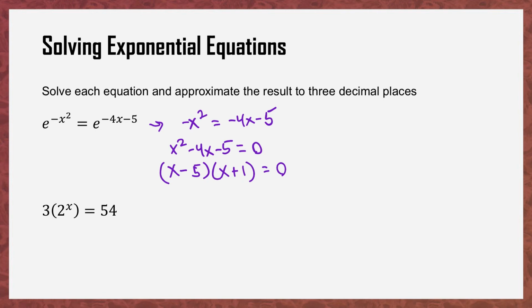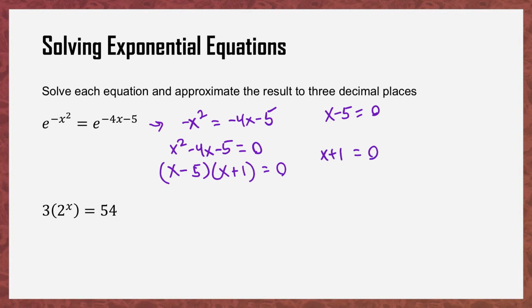All right, so multiplying that back out, x times x is x squared, x times 1 is 1x, -5 times x is -5x, -5x plus 1x is -4x, and finally -5 times 1 is -5. Everything checks out here. So now we have two things that we need to solve. x minus 5 equals 0, and x plus 1 equals 0.